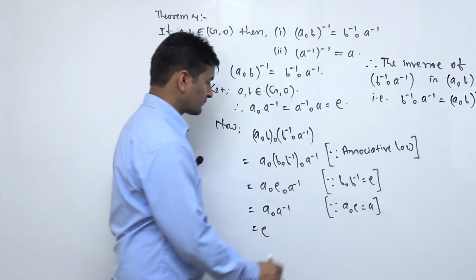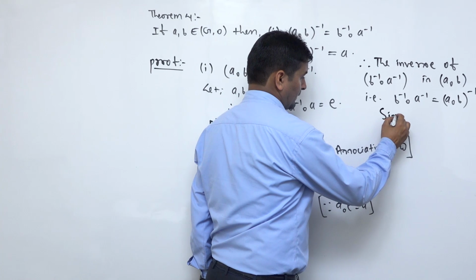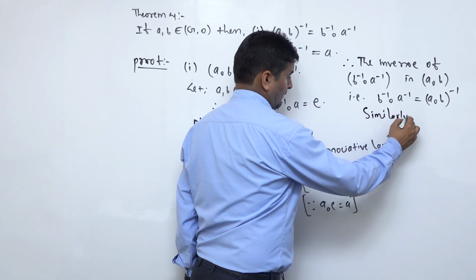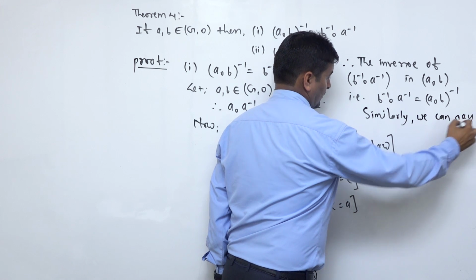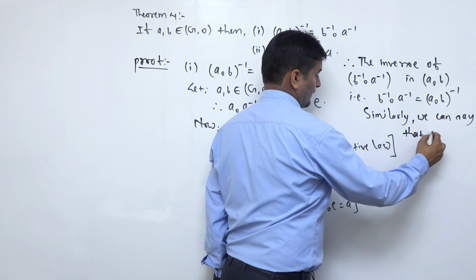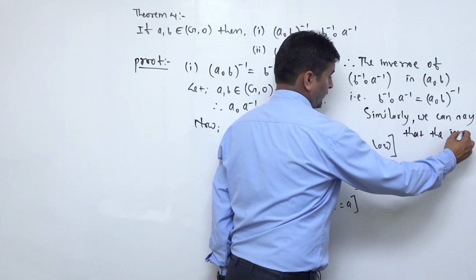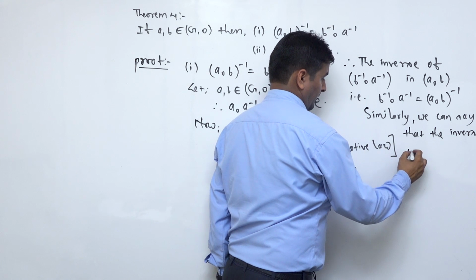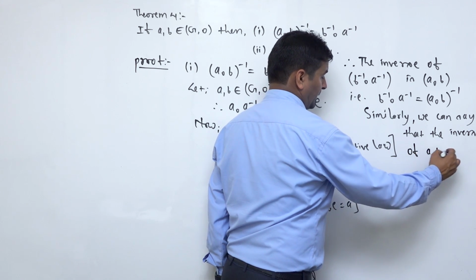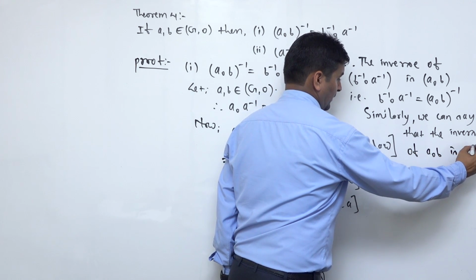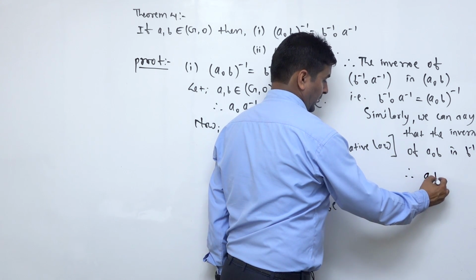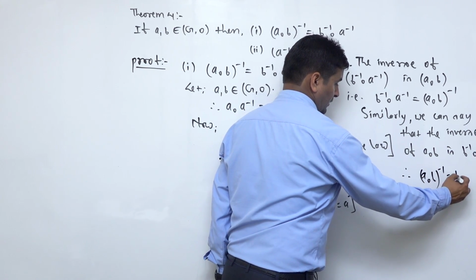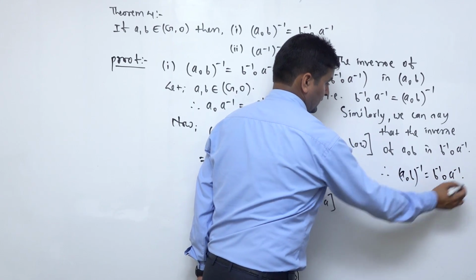Similarly, we can say that the inverse of a ∘ b is b inverse ∘ a inverse. Therefore (a ∘ b) whole inverse equals b inverse ∘ a inverse.